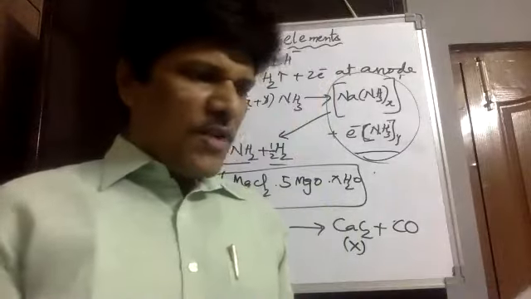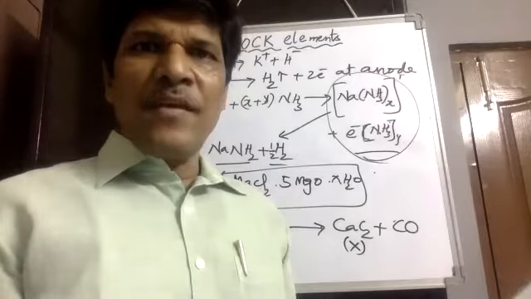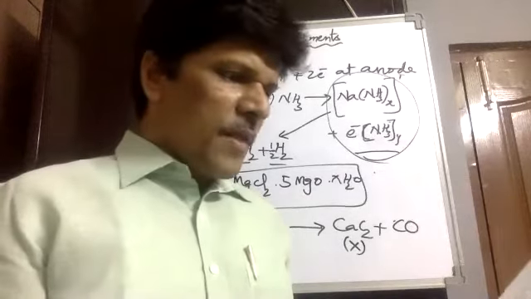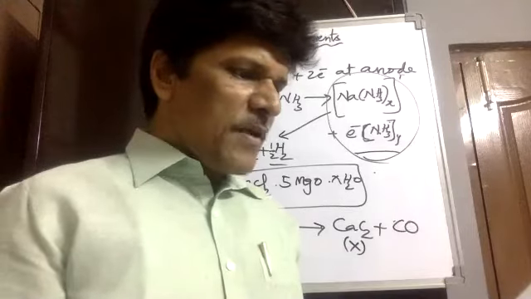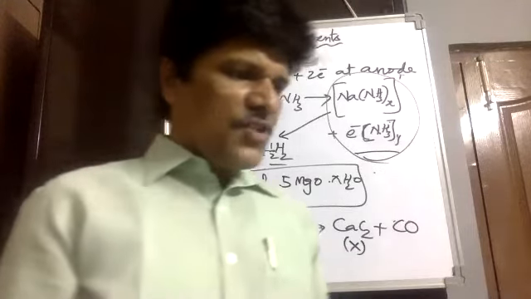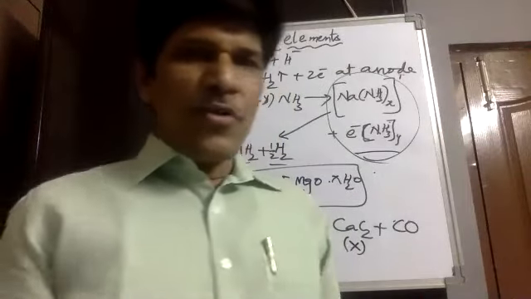Then level 2 questions, 32, more than one answer questions. 32, please check carefully, everyone. The alkali metals are characterized by which of the following properties? Alkali metals always show high negative standard electrode potential.